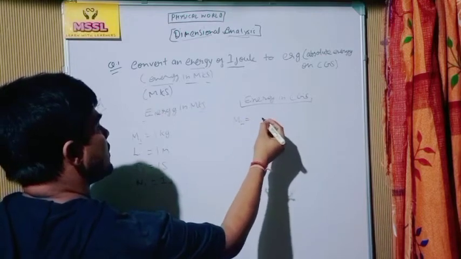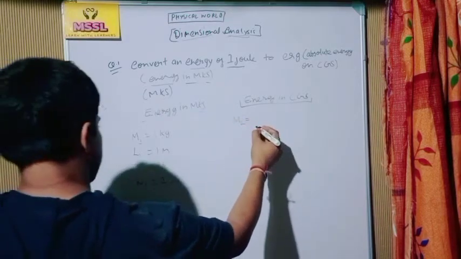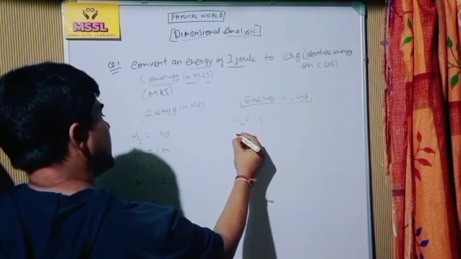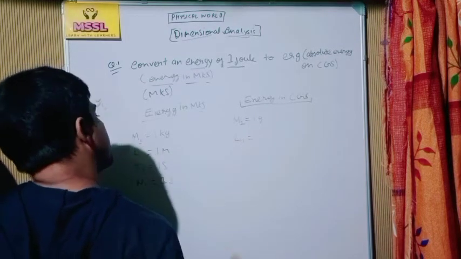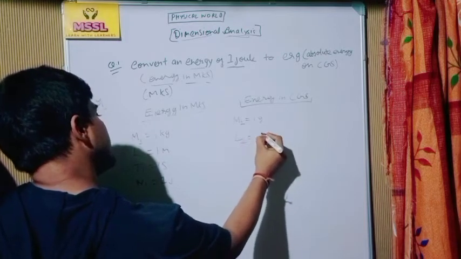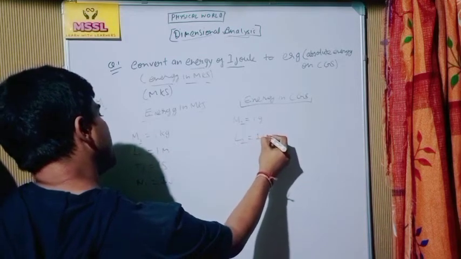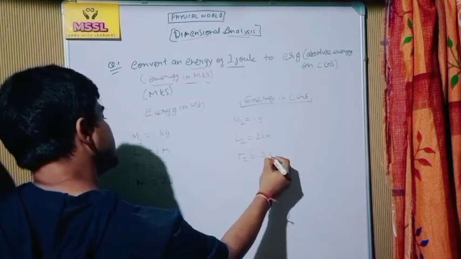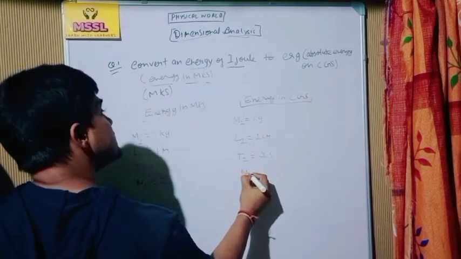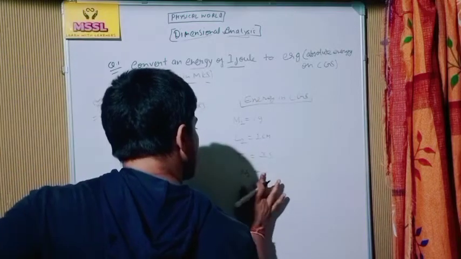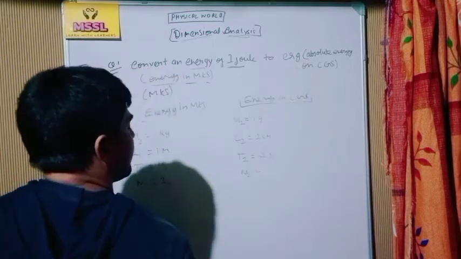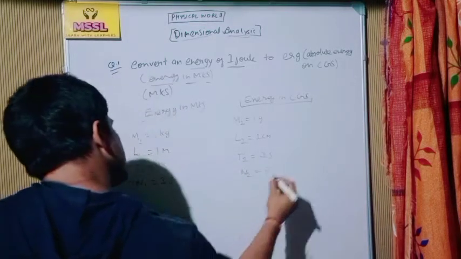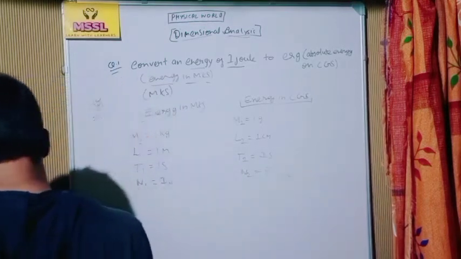M2 is 1 gram, L2 is 1 centimeter, and T2 is 1 second. And N2 is what we have to find. This is unknown, so this is what we have to calculate.